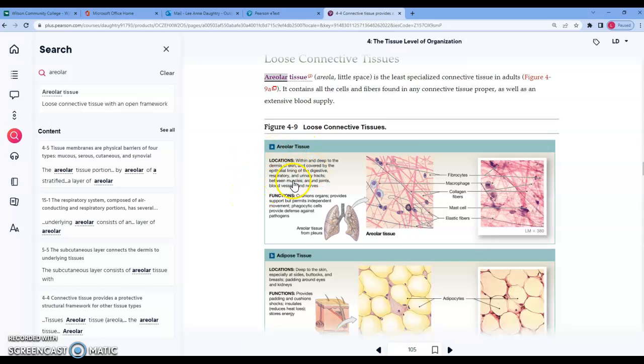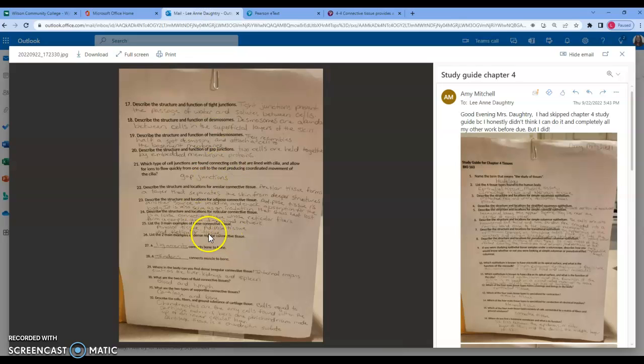And it says functions, cushions organs, provides support but permits independent movement. And that's where you were talking about the layer between the skin and the muscle tissue below. So anyway, that's the connective tissue section 4-4. And that'll help you with areolar tissue.